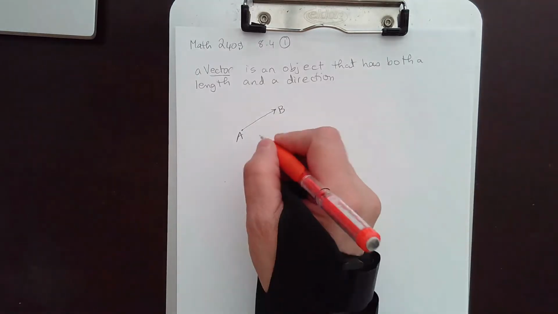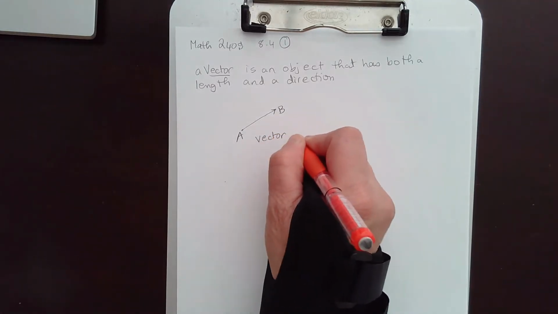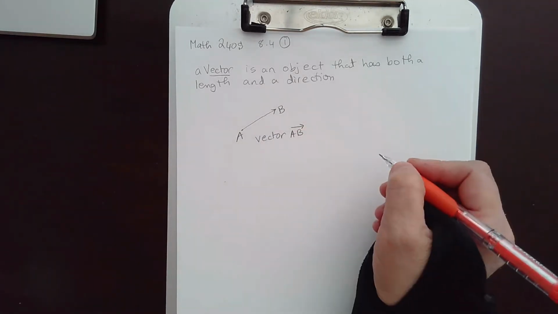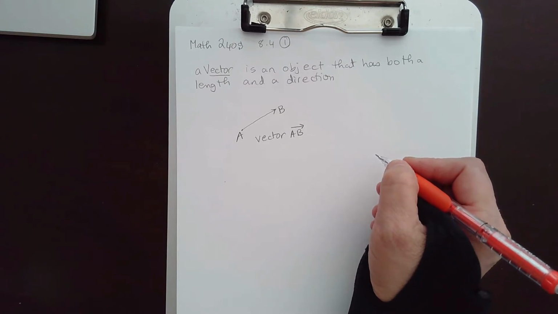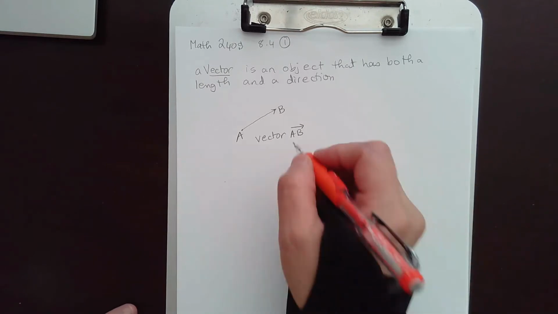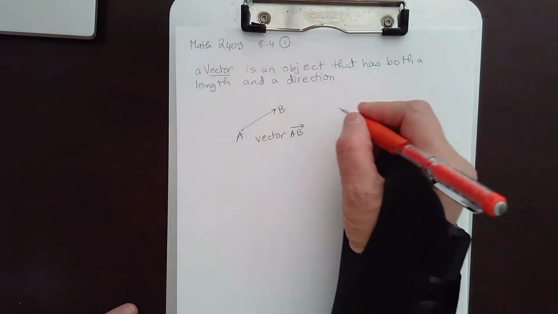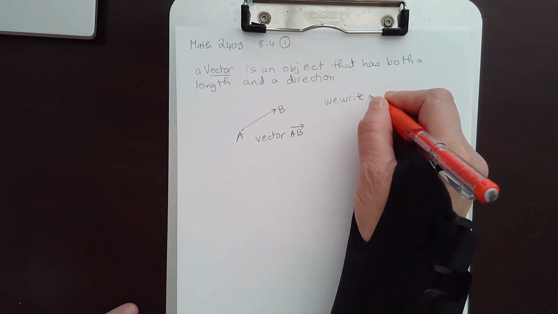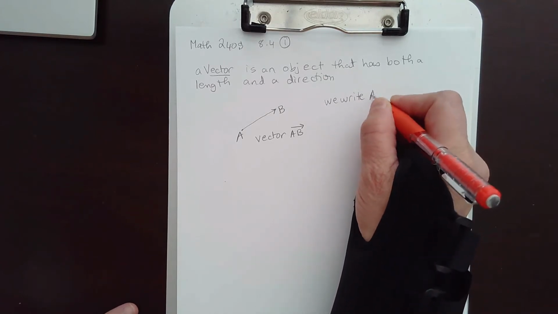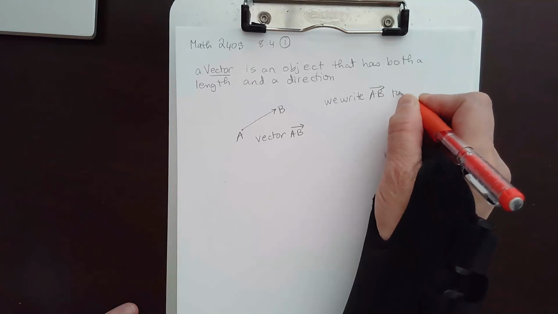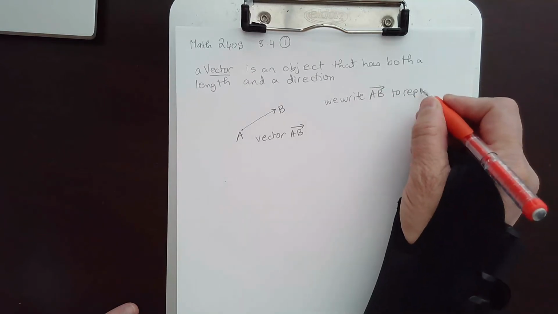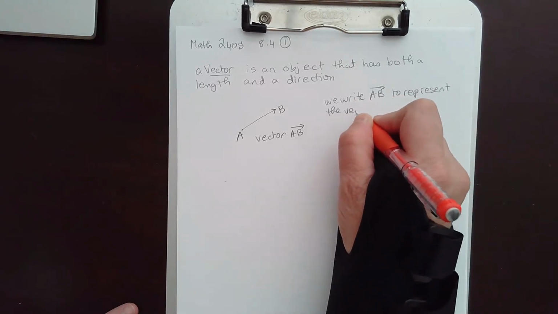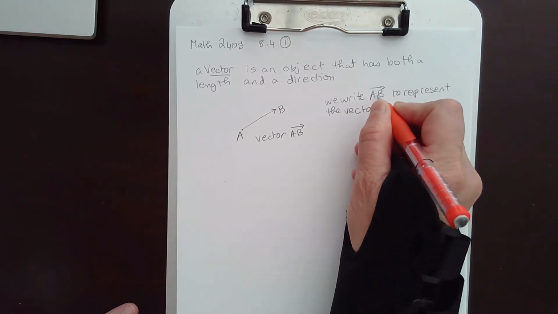This one here is vector AB, and it's written like this, vector AB. So we write vector AB to represent the vector. You started from A, you end up at B.